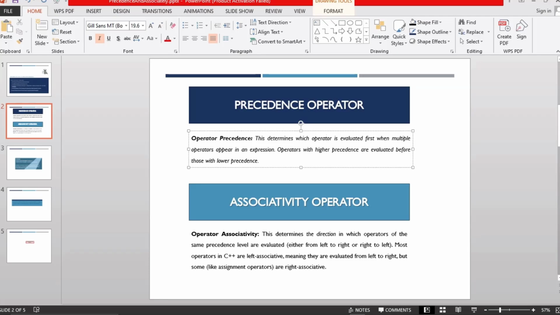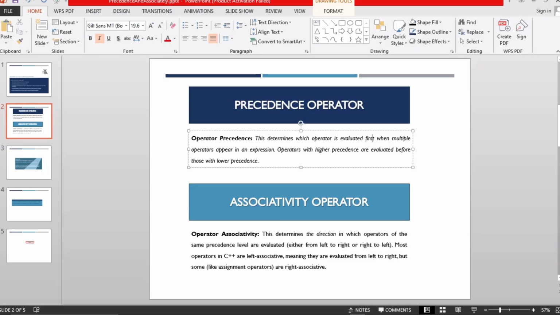Now let's go to associativity. What does operator associativity mean? It determines the direction in which operators of the same precedence level are evaluated. With precedence we talked about which one to evaluate first, the higher before the lower.